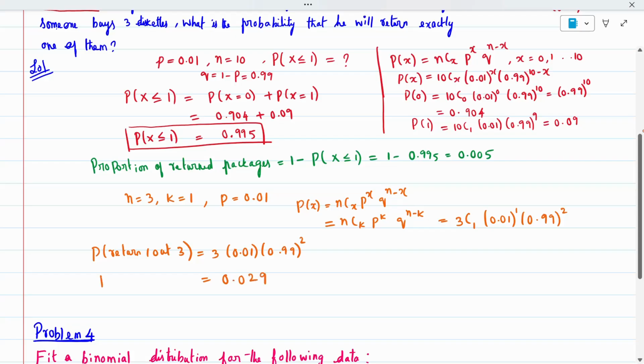So this is my final answer for the last statement: the probability of returning exactly one of them is 0.029.